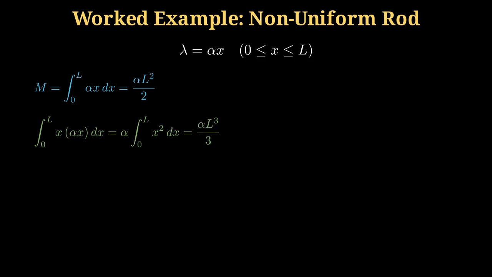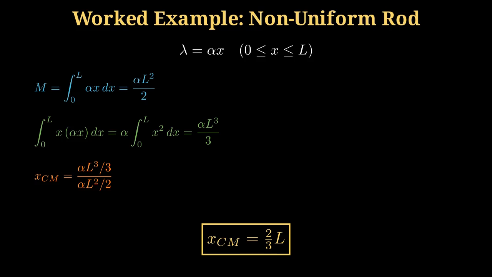X times dm gives alpha L cubed over 3. Divide the two. The alphas cancel again, and the answer is 2/3 L. Same rod, but loading the far end has dragged the center of mass from 1/2 to 2/3 of the way along. That single comparison is the whole idea of center of mass.